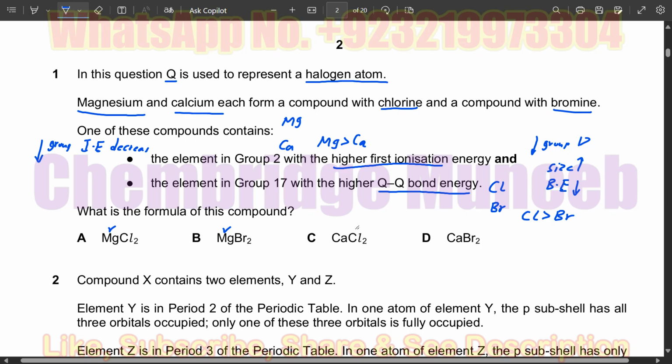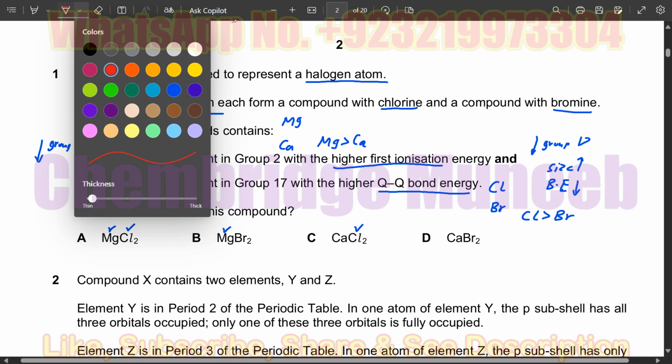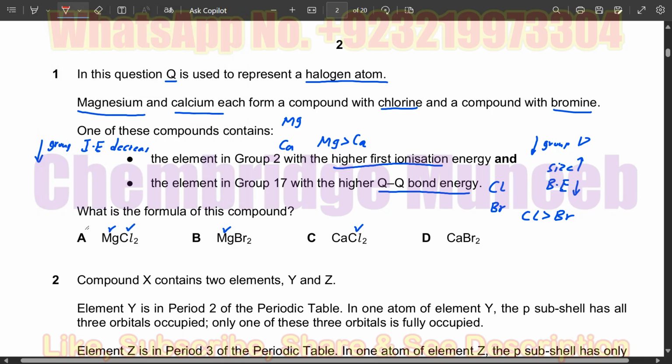So chlorine is the right answer from these points. Chlorine has a higher bond energy. On this basis, we can see that double ticks are coming on the first compound. So A is the right answer.